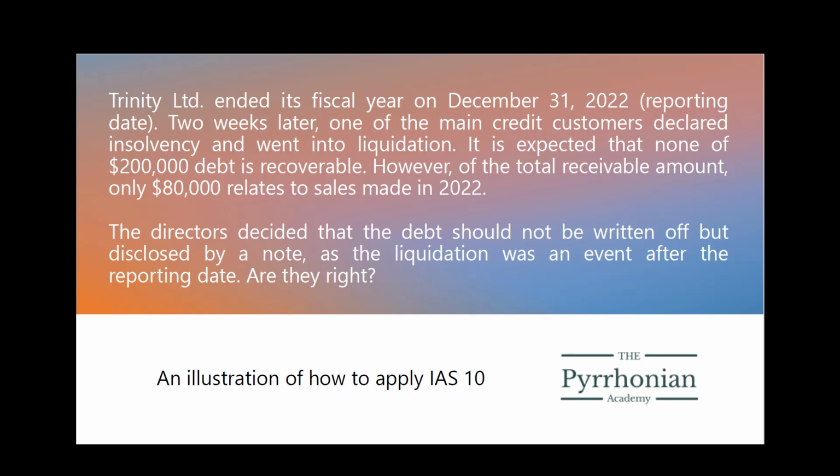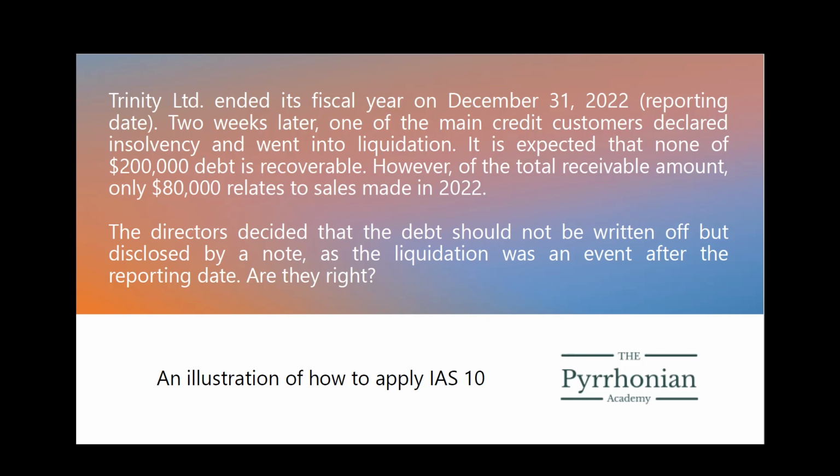So this is the event after the reporting period. It is expected that none of the 200,000 debt is recoverable, so we probably will receive no money from this customer. However, of the total receivable amount, only $80,000 relates to the sales made in 2022.